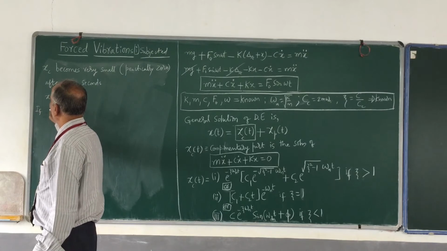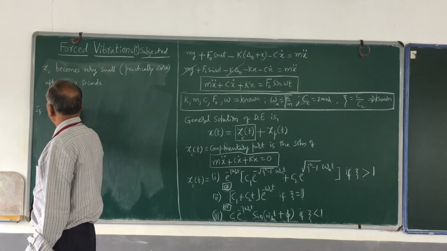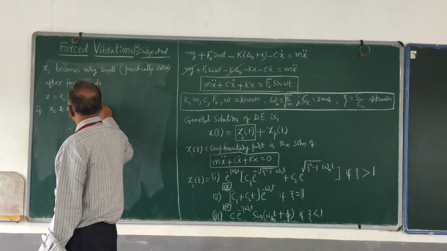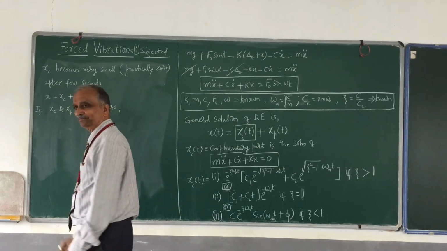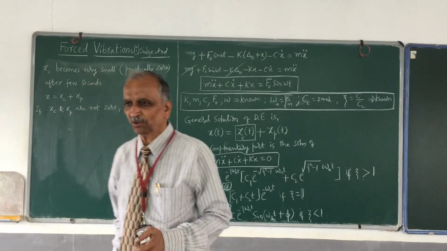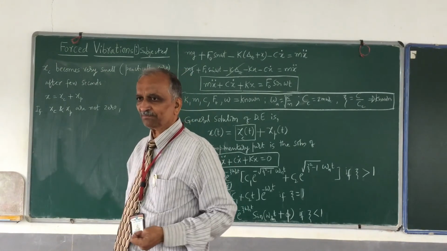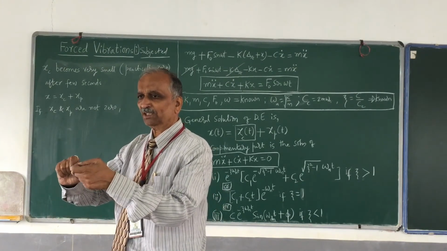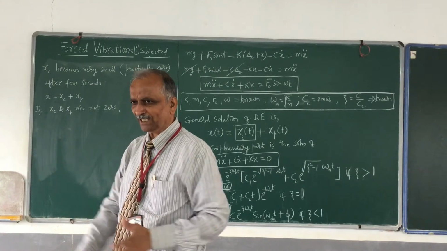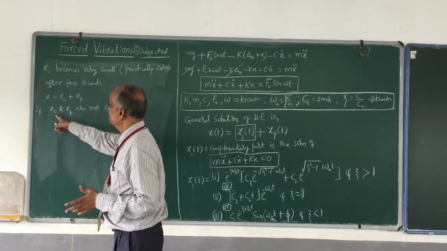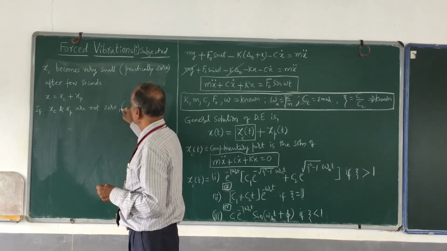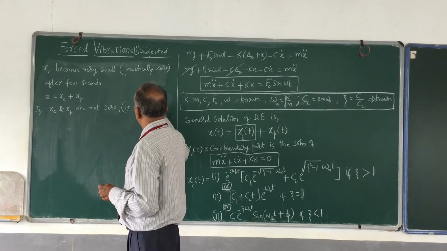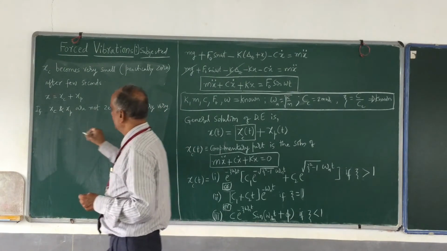If xc and xp are not zero at the very beginning, that is very close to t equal to 0, you start the system, then maybe after 0.1 second or 0.01 seconds, or 0.2 seconds, some very close time. Initially, this is what I mean: if xc and xp are not 0 at the very beginning.